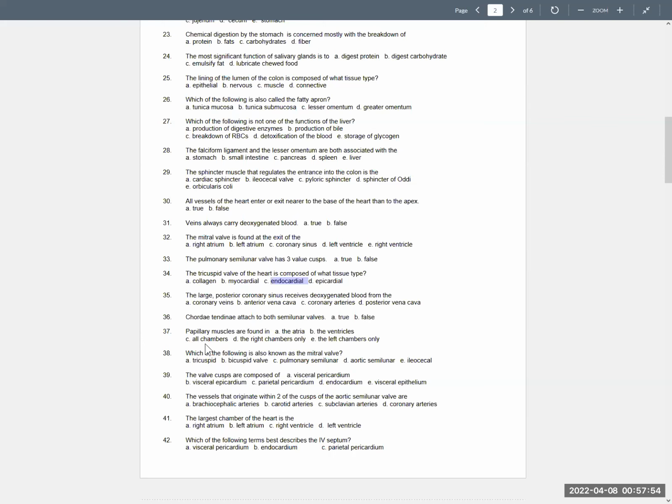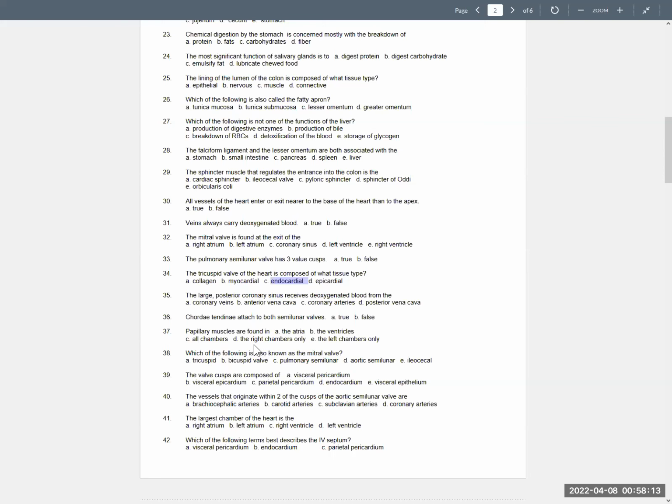37, papillary muscles are found where? So we got the atria, the ventricles, all four chambers of the heart, the right chambers or the left chambers.